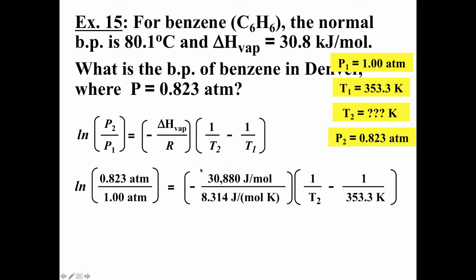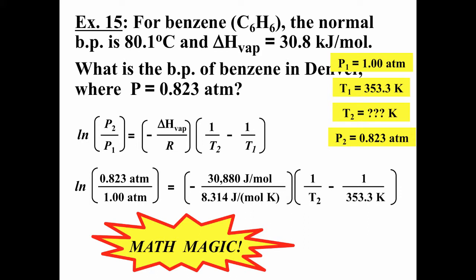And so notice what we're trying to solve for now is T2. And this is something you should know how to do mathematically. For our purposes, we're just simply going to say you do some math and you get the answer. The suggestion would be make sure you know how to get from the setup equation to the answer.